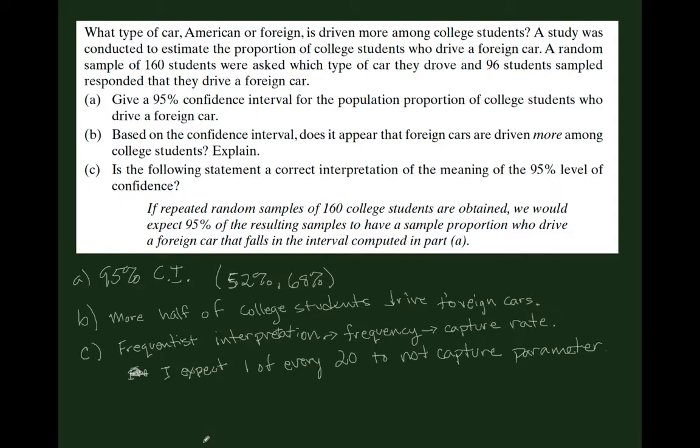Not really. One time out of 20 doesn't happen that often. So at 95% confidence, we miss the parameter one time out of 20. On any particular interval estimate, we don't know if we captured or missed. All we can really say for sure is that we're 95% confident that we have captured that parameter value.